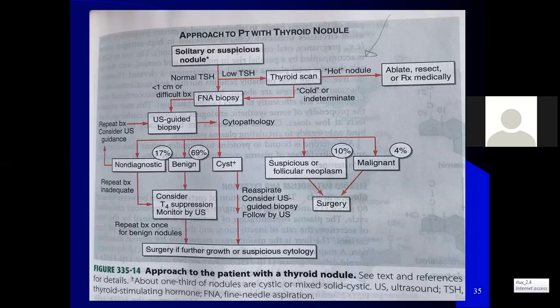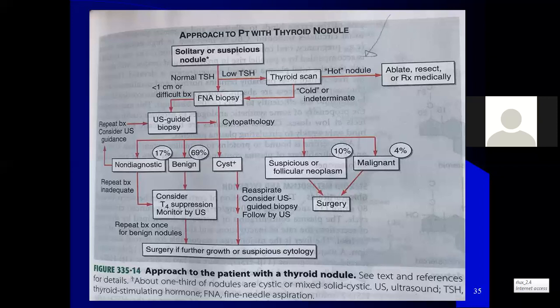And after the cytopathology, there could be 5 things. Either it could be non-diagnostic, or benign, or cystic, or suspicious of follicular neoplasm, or malignant, among which around 70% is benign, followed by non-diagnostic or suspicious neoplasm or malignancy.